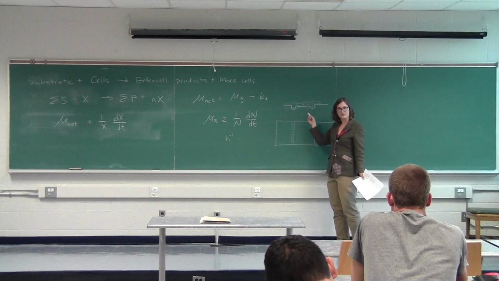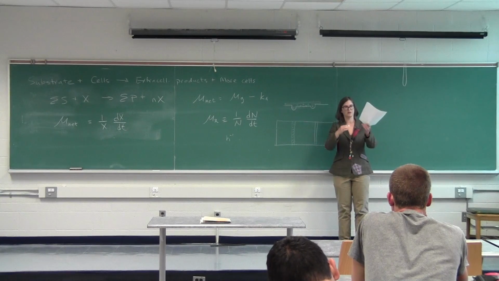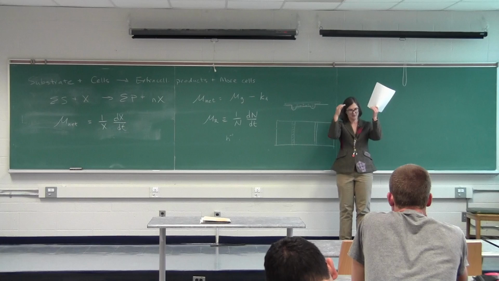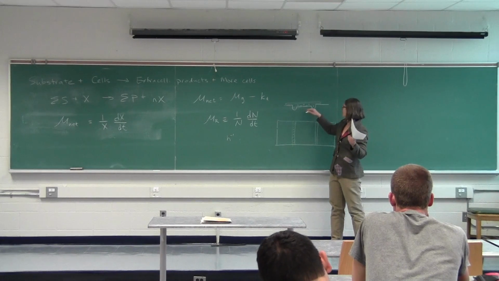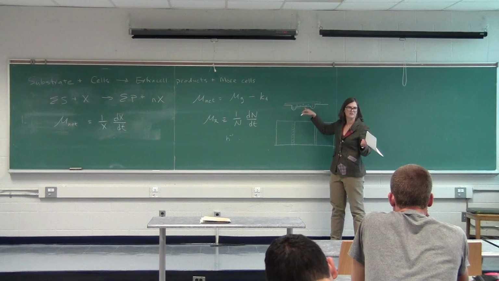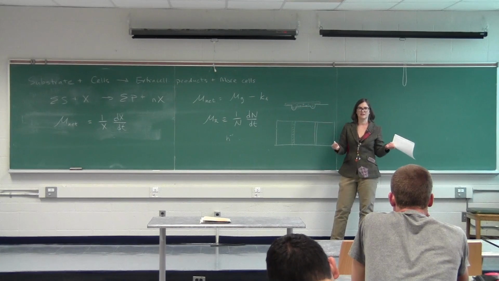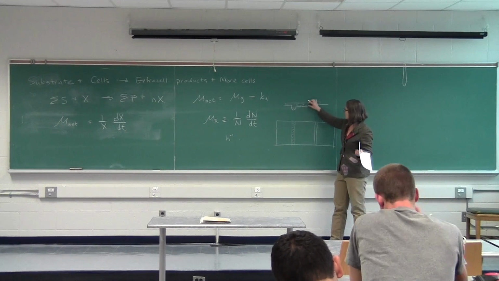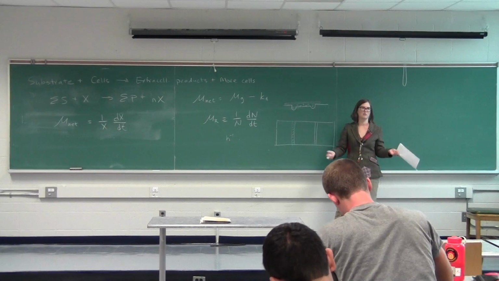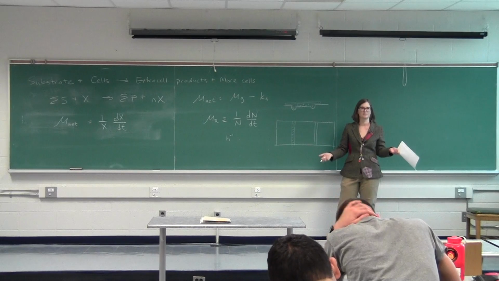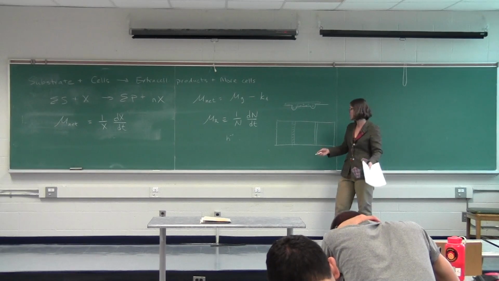You don't want it too big because then the cells will be beyond the level of focus. You don't want to have to focus up and down to get your cells. You don't want it to be too small because then the cells won't actually fit in that space. So they've been very precisely made so that it's a very specific space in there, so that you always get the same repeatable volume that cells can fit in, and that you can focus on through the microscope.